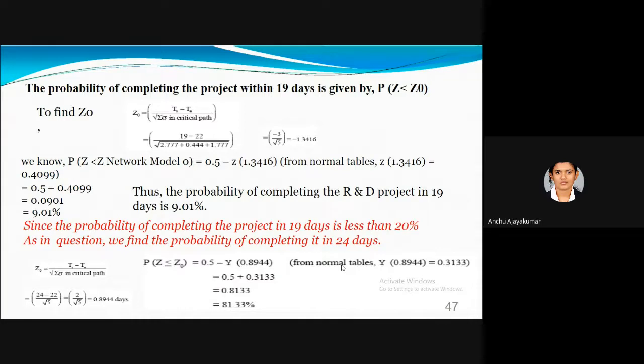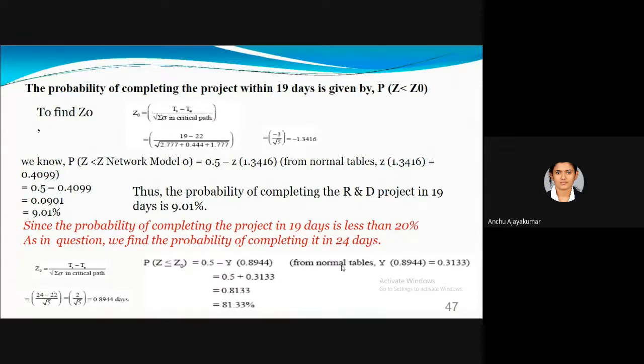You have the equation, so substitute directly. Ts is the scheduled time, 19 days. Te is the expected time, which we get from the network, divided by the square root of the sum of variances of all the critical activities.